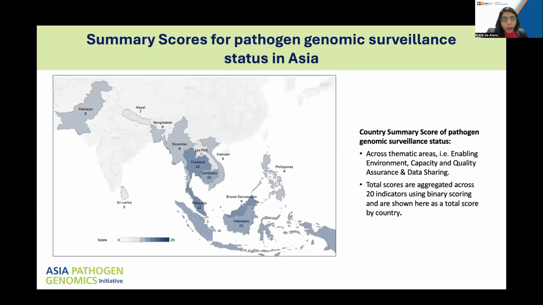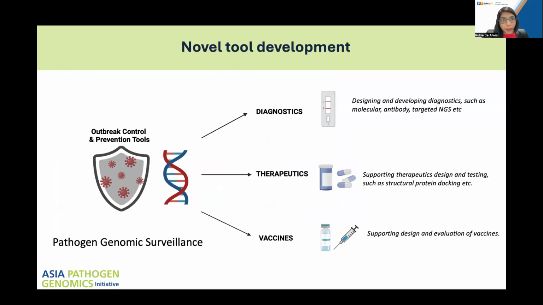And some of the work that we did with many of the partners in the region have shown that most of the countries in our region actually have the capacity or some capacity to sequence pathogens and use it for surveillance purposes. However, we also know that a sequence of a pathogen can be used for more than surveillance.